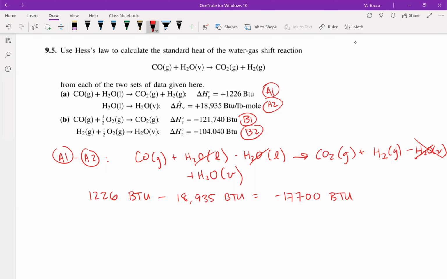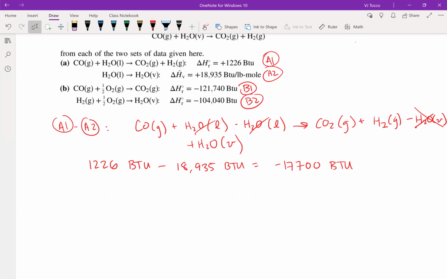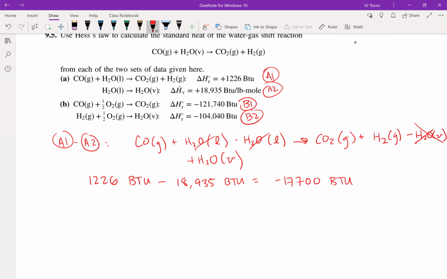You can do the same thing with part B, where if this is B1 and this is B2, I'm going to have to subtract these again. If I subtract the two equations, my 1/2 O2 is going to cancel out. And I'm going to have a minus H2 on the left side and a minus H2O on the right-hand side. If I just switch those two or subtract them, like I said, I can get the reaction that I want.